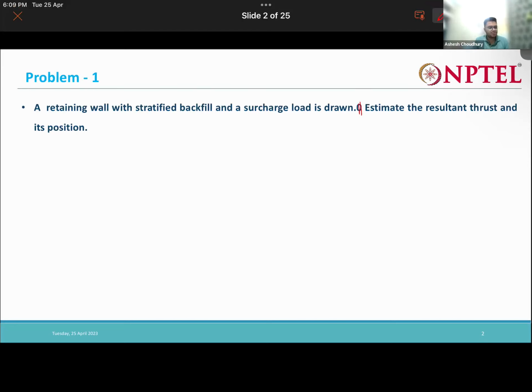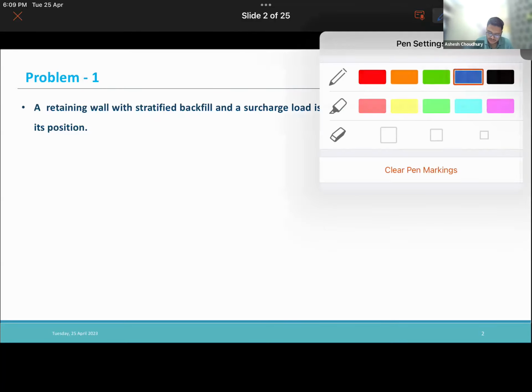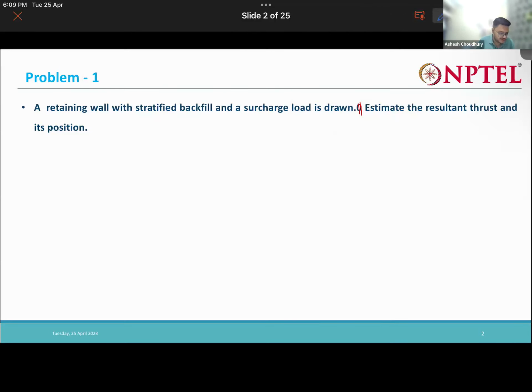The first problem is a retaining wall with stratified backfill and a surcharge load. We need to estimate the resultant thrust and its position. Let me draw that figure for you first.